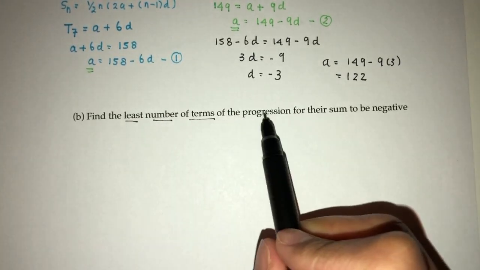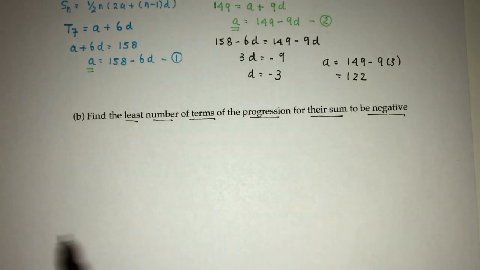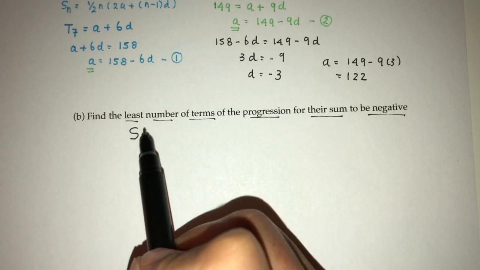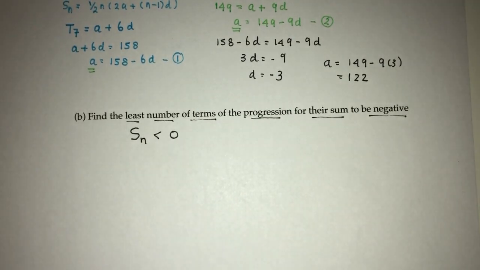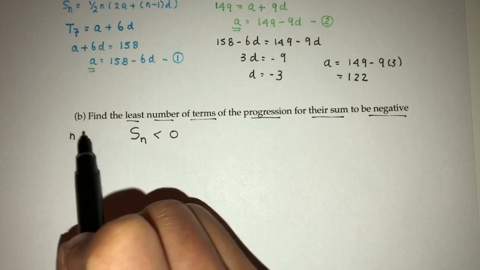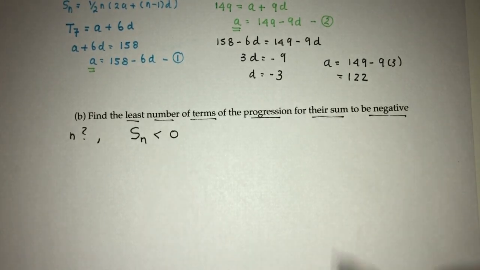Now for part B, we have to find the least number of terms of the progression for the sum to be negative. So we have to find the value of n for which the sum of the first n terms becomes negative, which is less than 0.